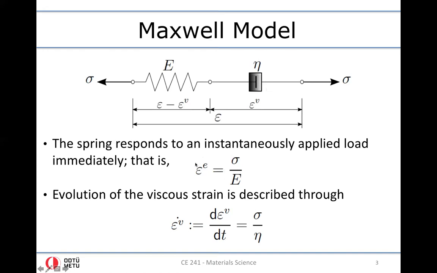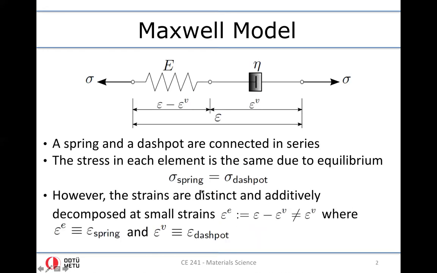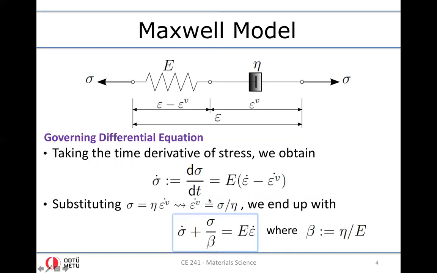So now let's consider the constitutive equation we had for the spring. In the first place, substitute for epsilon elastic, epsilon total minus epsilon viscous. If you do so, you can write stress as E times epsilon minus epsilon viscous. And when you take the time derivative, since the Young's modulus is assumed to be constant, the rate of the stress is given by E times the rate of the total strain minus the rate of the viscous strain.